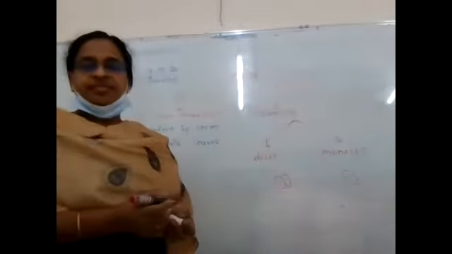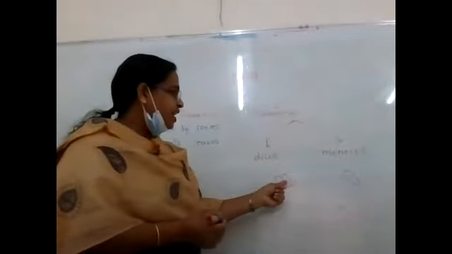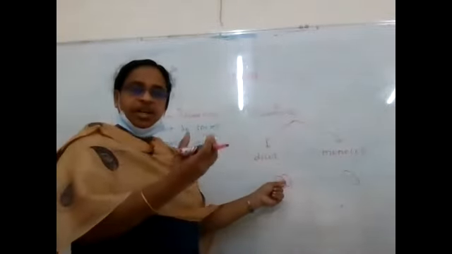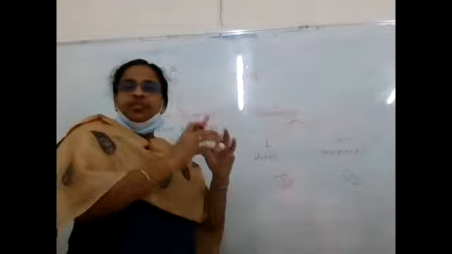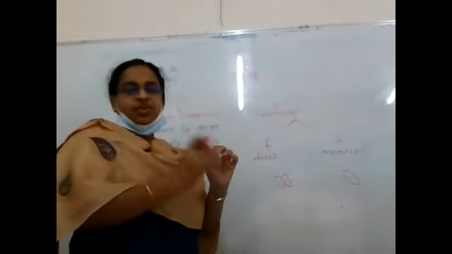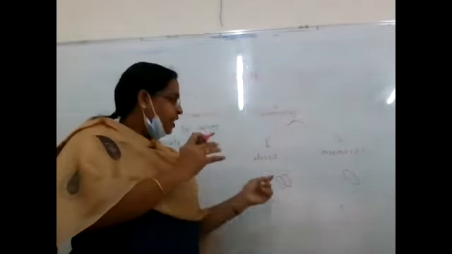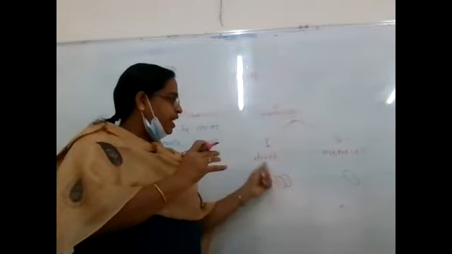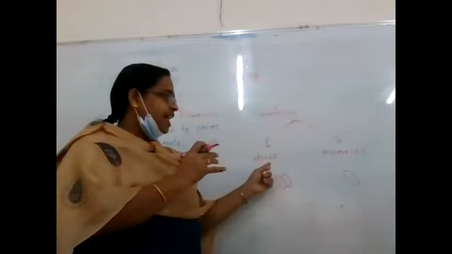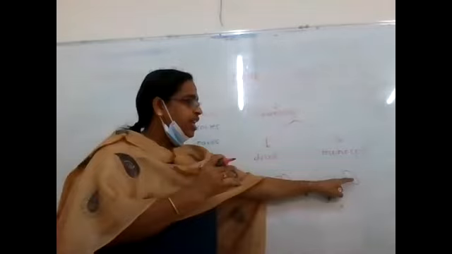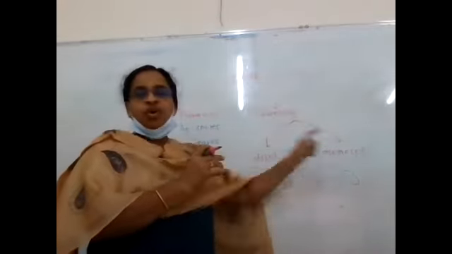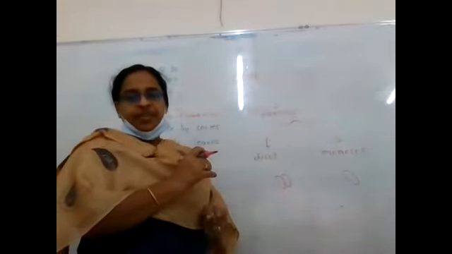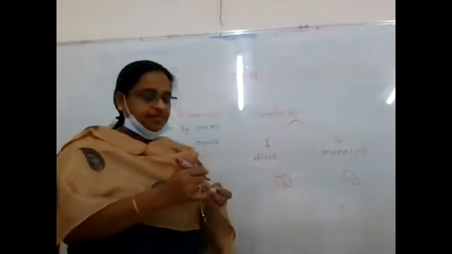These are known as cotyledons, which are the stored food for the coming plant. If there are two cotyledons, we say dicot. If there is only one, we say monocot. Is it clear?